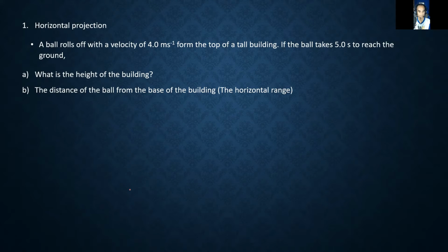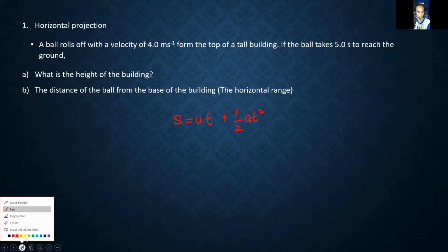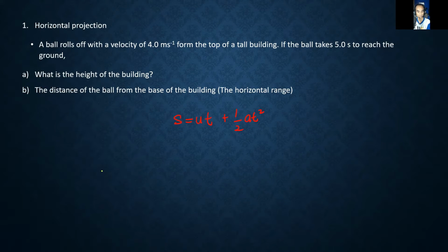S equals to ut plus 1 over 2 at square. Okay. Before that, you have to determine, is it horizontal or vertical? Which one do you use? I use the horizontal one. No, vertical. Okay, so it's vertical.